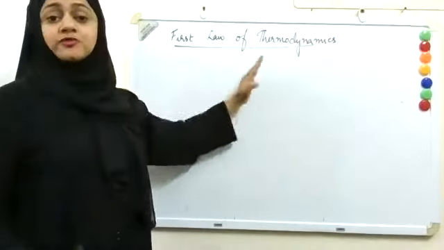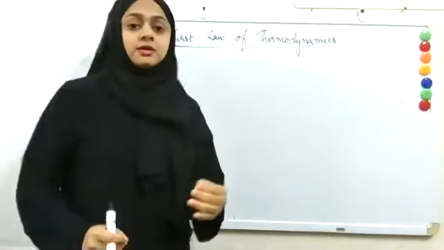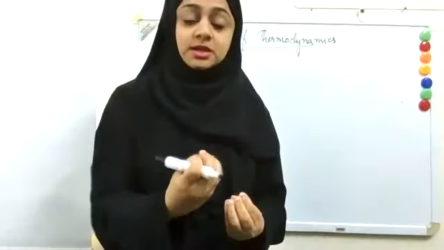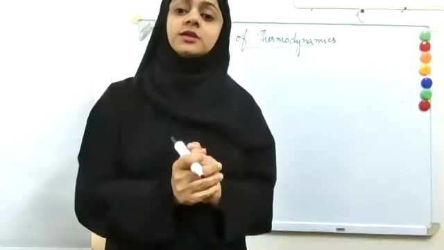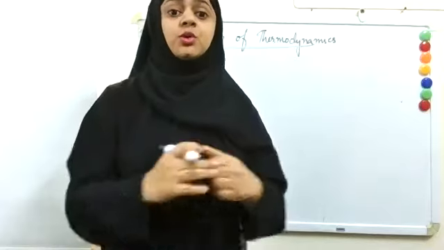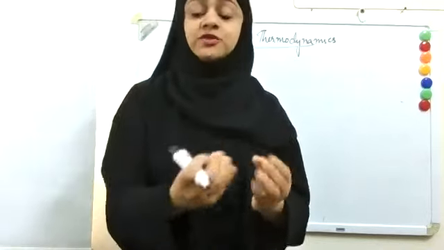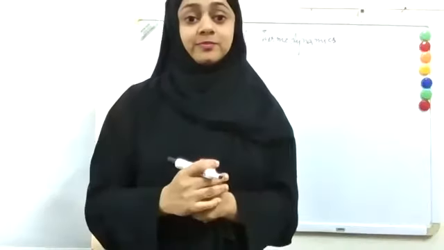The first law of thermodynamics states that if you give some heat energy to a system, a part of that energy is used to raise its internal energy, and a part of the energy can be used to do external work.